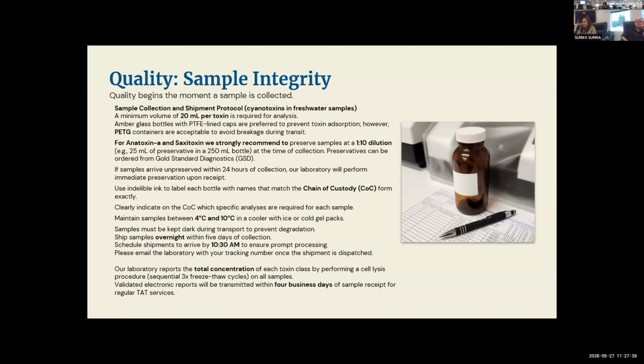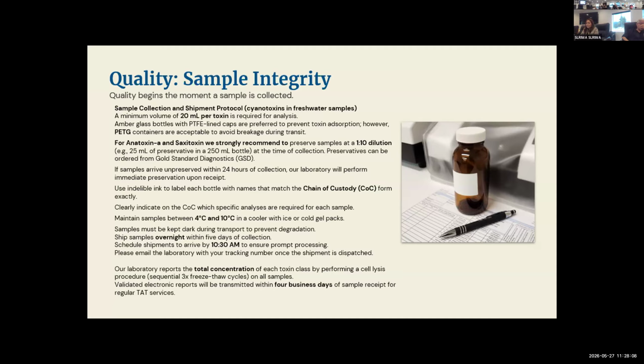However, if samples arrive at our laboratory unpreserved within 24 hours of collection, our laboratory will perform immediate preservation to protect the chemical integrity of the sample. In contrast, samples collected for microcystins and cylindrospermopsin analysis do not require the addition of chemical preservatives.